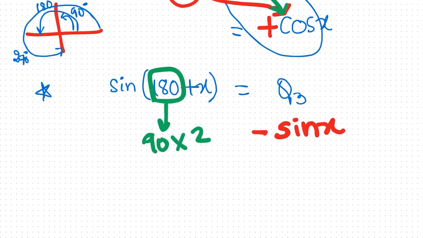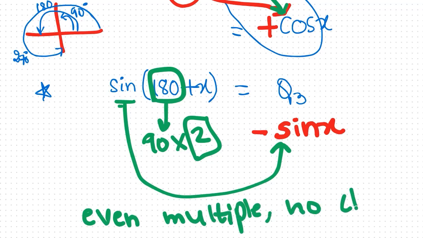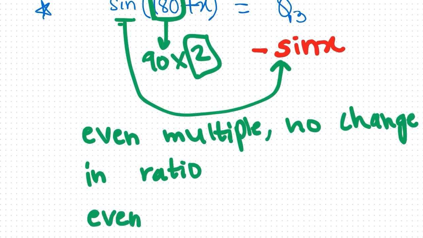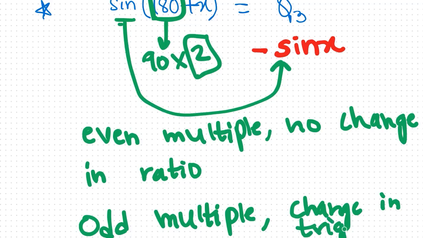Even multiple means sine remains the same, no change in the trigonometric ratio. 270 is also an odd multiple, right? So for all odd multiples of 90 degrees, the ratio changes.